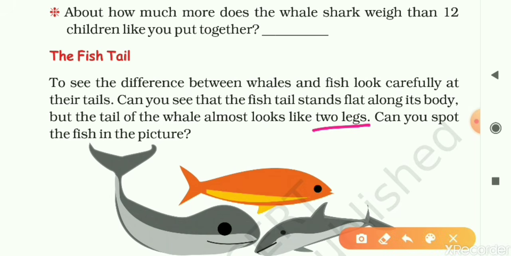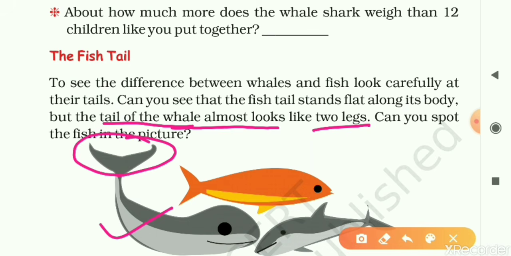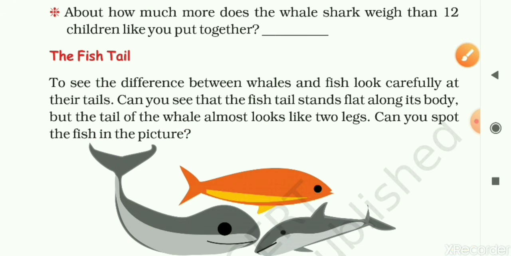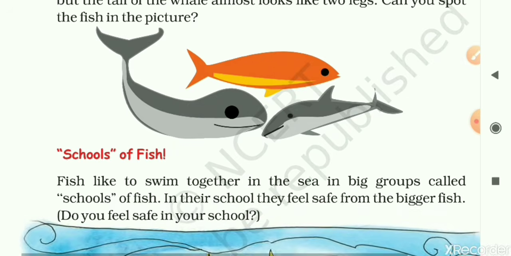Remember this, two legs means whale's tail looks like two legs. Can you see where is the whale? Yes, here is the whale, and its tail looks like two legs. Yes, really. Can you spot the fish in the picture? Yes, we have spotted it before some time.